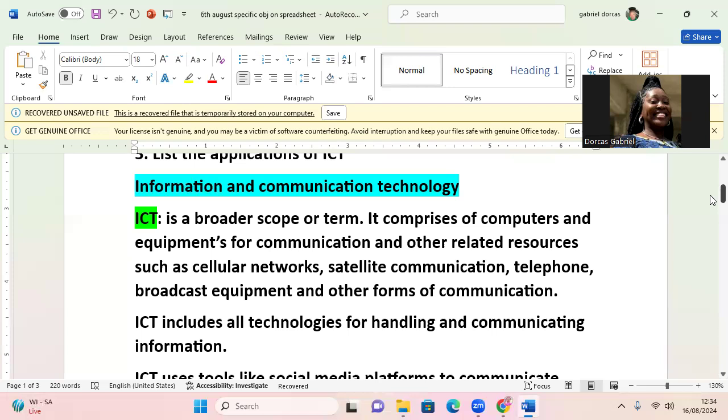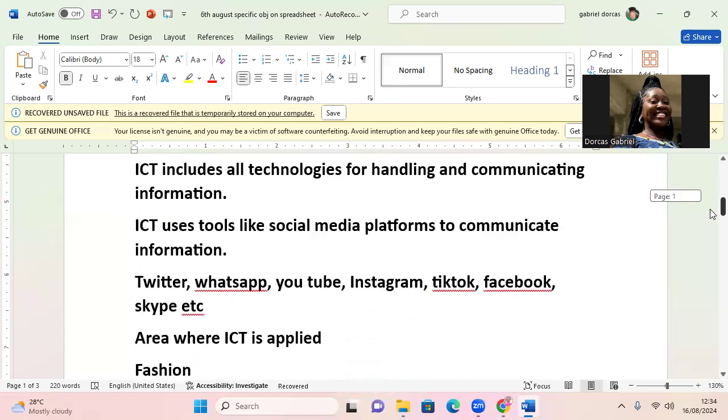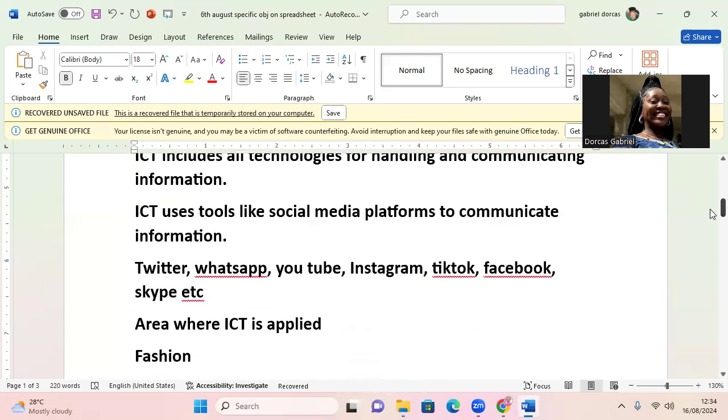Now, what can you use to communicate this information? You have social media handles such as your Twitter, your WhatsApp, your YouTube, your Instagram, your TikTok, Facebook, Skype, your vlogs. All these things are platforms by which you can communicate your information.